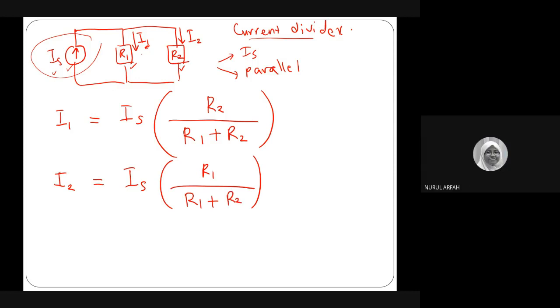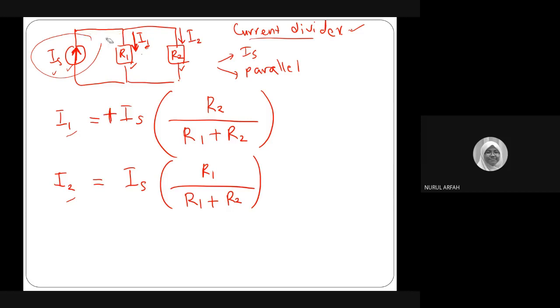This one, the current divider will not tell you the sign, so you should do it on your own. You need to tell what is the polarity of this I1 and I2. So how to do that? You look at the current direction here. If you follow it like this, then this is positive.